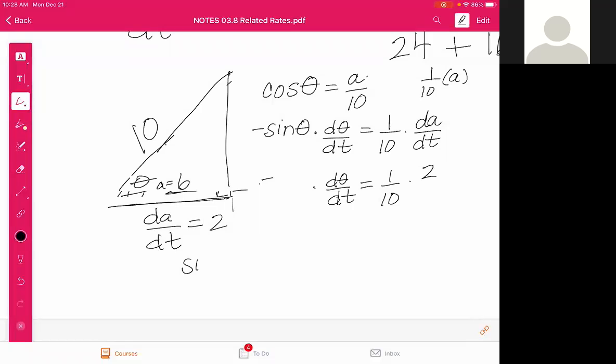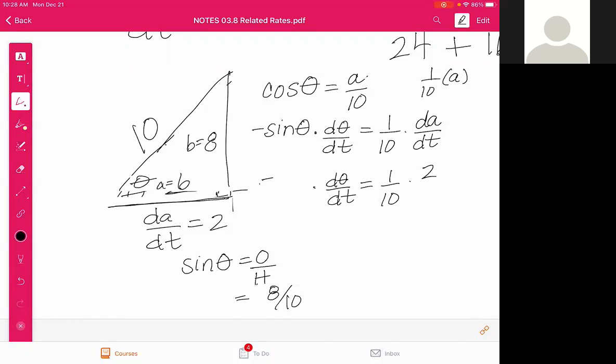Yeah, so sine theta is opposite over hypotenuse. So at this point, we're forced to use that opposite side. Okay, so if this is 6 and this is 10, this opposite side we figured out is 8. So the sine is going to be 8 over 10.